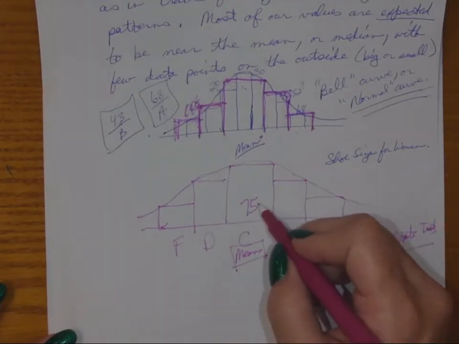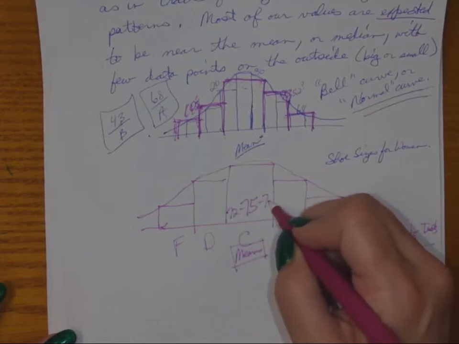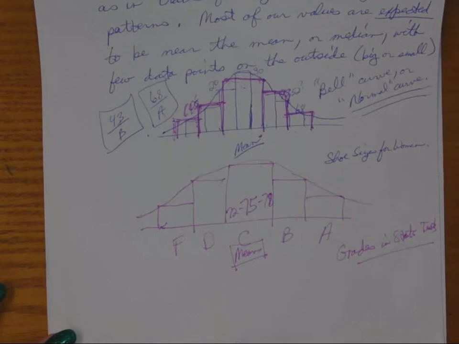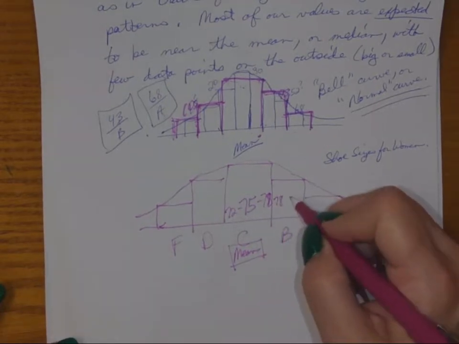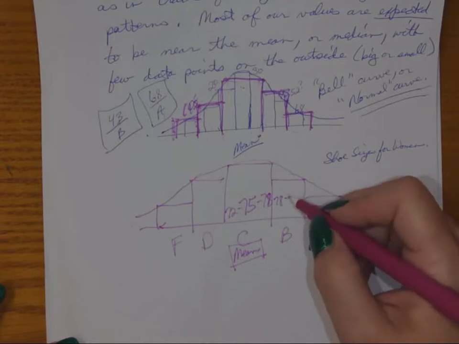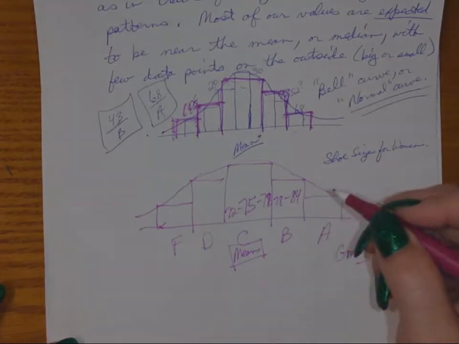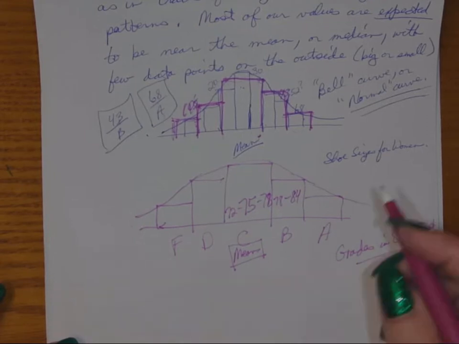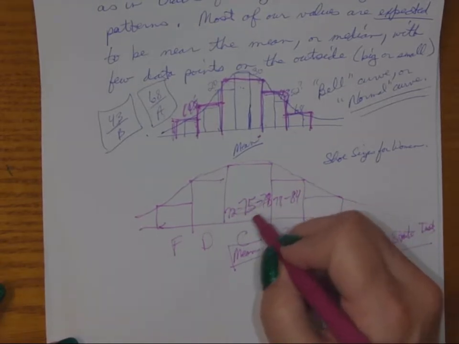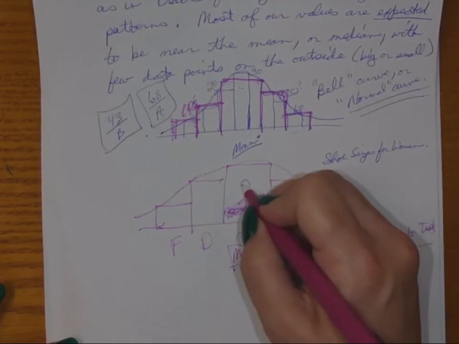So maybe people from, say, 72 to 78, I'm going to give them a C. But that means that people who are 78 through maybe 84, I'm going to give them a B, okay? Oh, I'm sorry, I messed up. My average score needs to be higher than this. Dang it. Let me try again. 85.